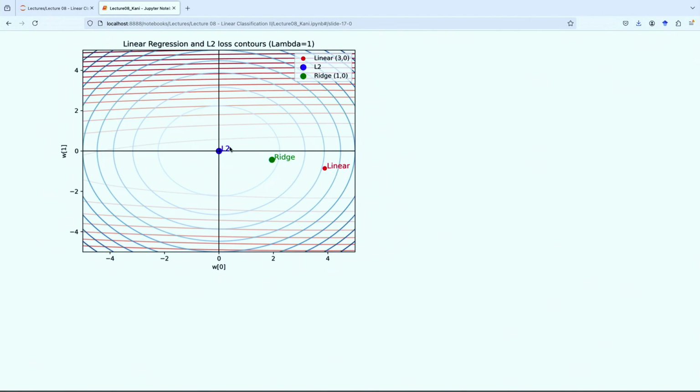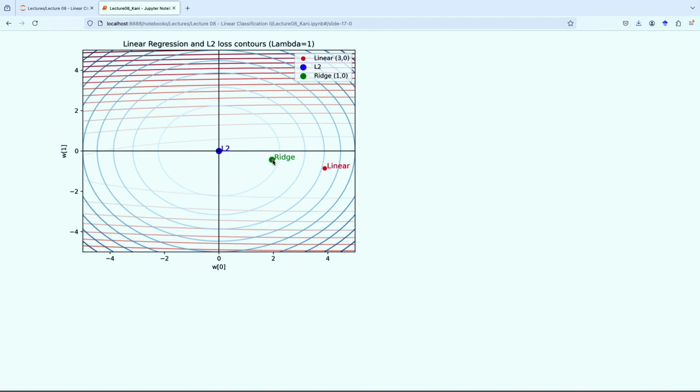It can't go to the linear loss minimum to this point here. You see these red contours. This is the linear gradients. Can't go all the way here because then the L2 loss is increased. So it has to find a medium point. It has to find a particular contour where the L2 loss matches the linear loss.